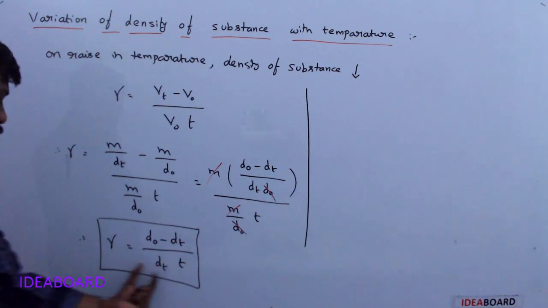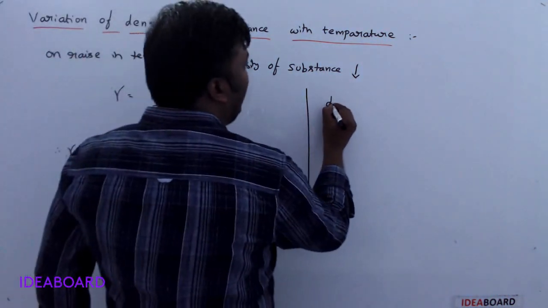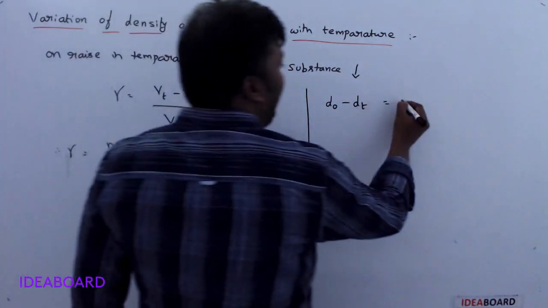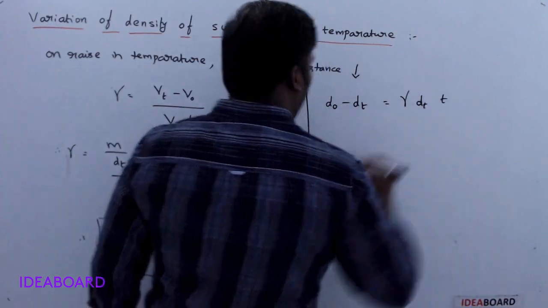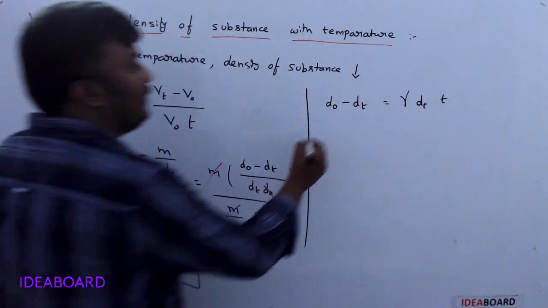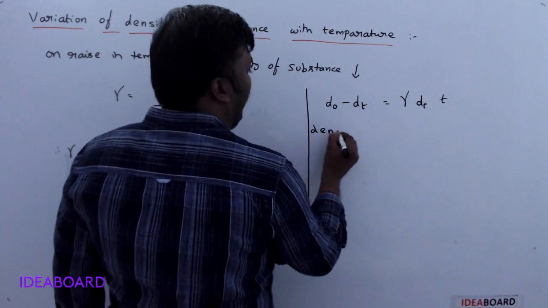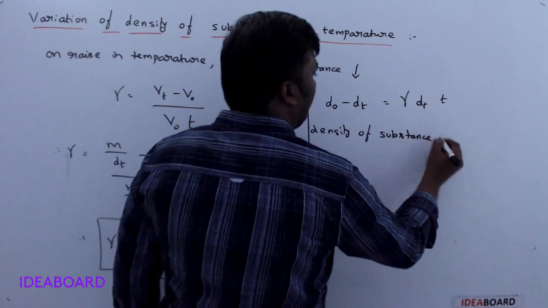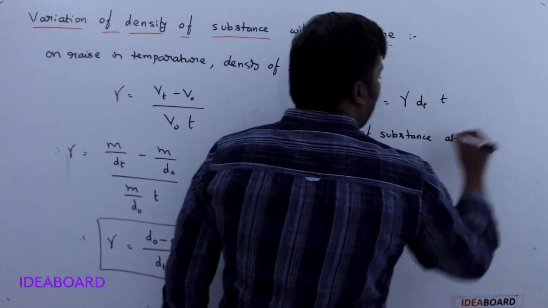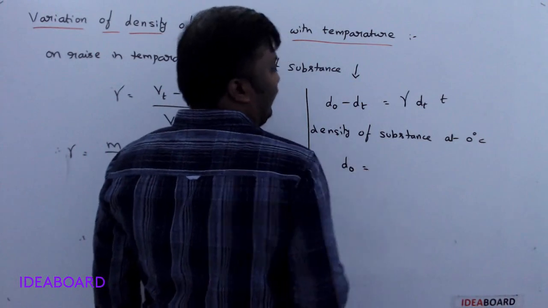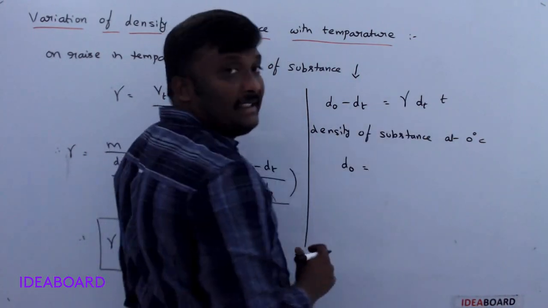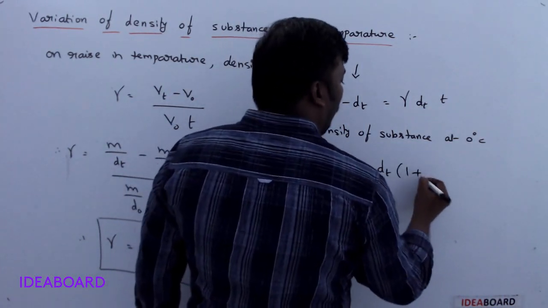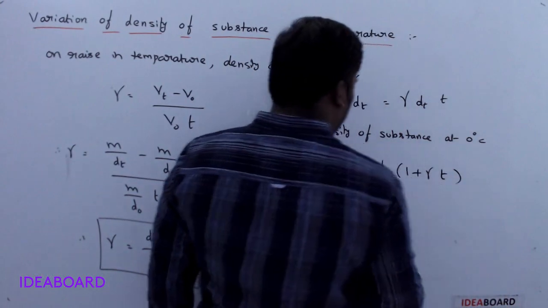Then d naught minus dt is equal to gamma dt into T. So the density of the substance at 0 degree Celsius is d naught equal to dt into 1 plus gamma t.